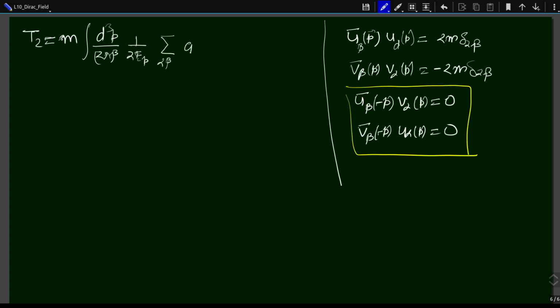Since there is delta alpha beta, let's eliminate beta by summing over alpha and beta.